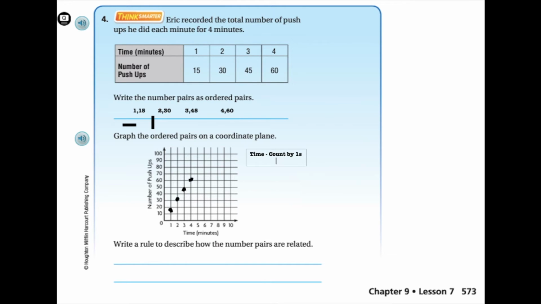And then if we look at the number of push-ups, 15, 30, 45, 60. Again, if you don't know what you're counting by, you can subtract. You would do 30 minus 15, 45 minus 30, 60 minus 45.